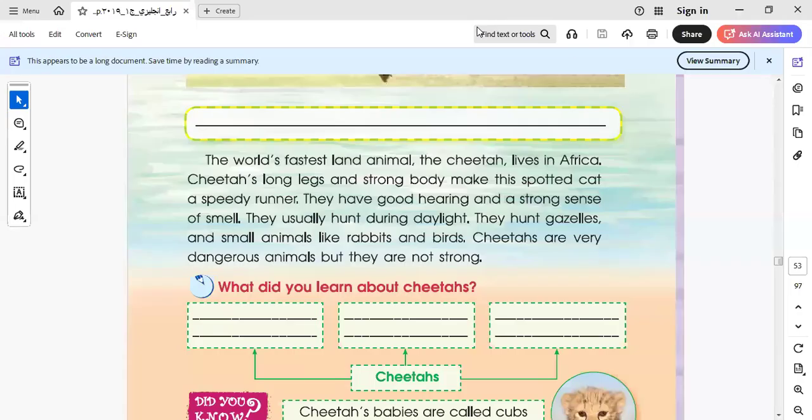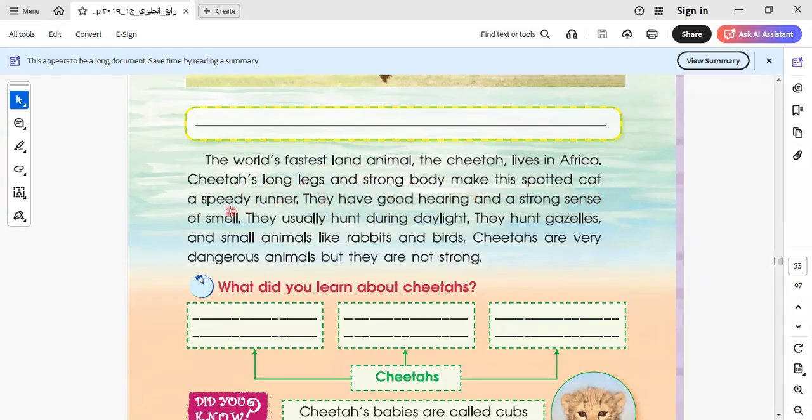Here is the paragraph about the cheetah. Let's read it together. When we talk about the cheetah, we say the cheetah is the fastest animal. Cheetahs live in Africa. We can say cheetahs as plural or singular. We say cheetahs have long legs and a strong body.